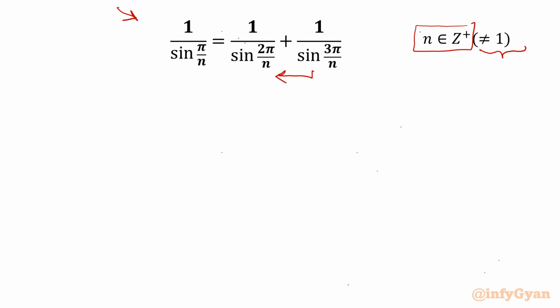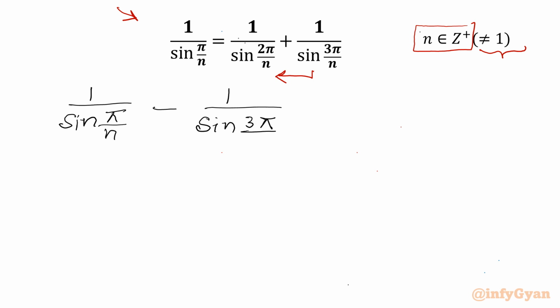So I can write our equation's LHS as 1 over sine pi over n minus 1 over sine 3 pi over n. This will be equal to 1 over sine 2 pi over n. Now I will take LCM.